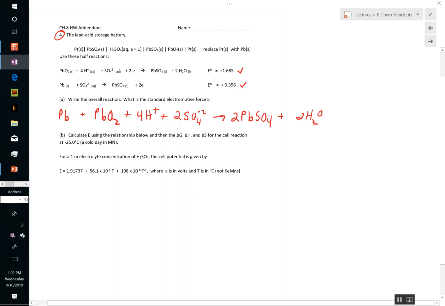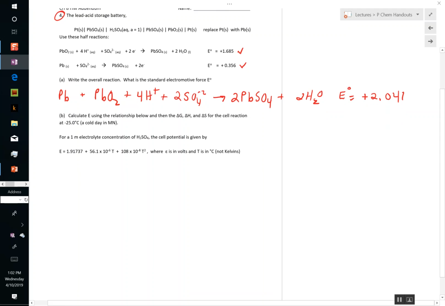And we have 2 electrons in the reduction and 2 electrons in the oxidation. So N equals 2. E naught is just the sum of this. All right, and that's the answer that's given. Okay?